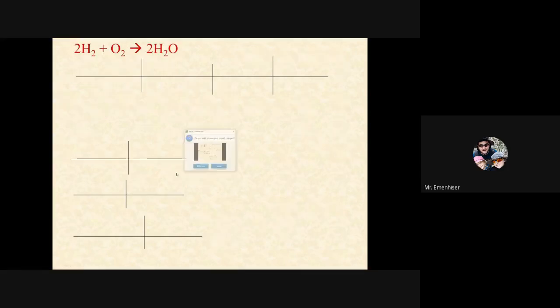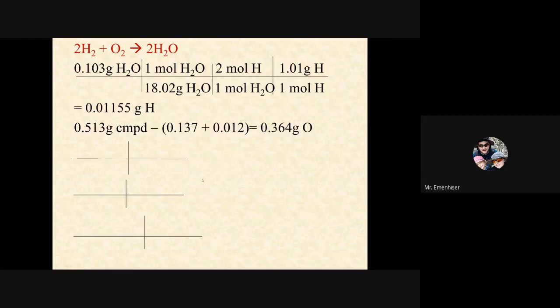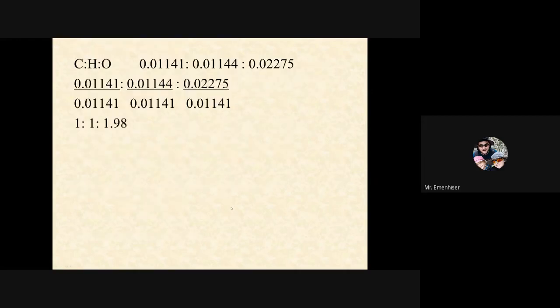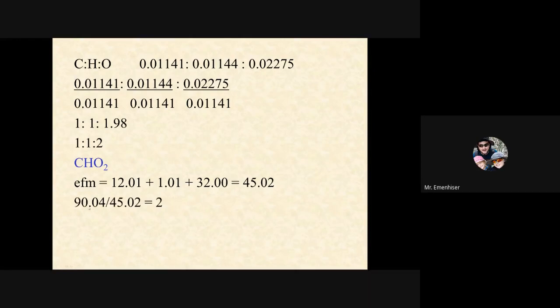All right, so let's look. We did all this. Here we are. So we got that one. So our total empirical formula mass, the mass of that empirical formula is 45. We divide the molecular mass by the empirical mass. We get 2. We multiply it by 2.